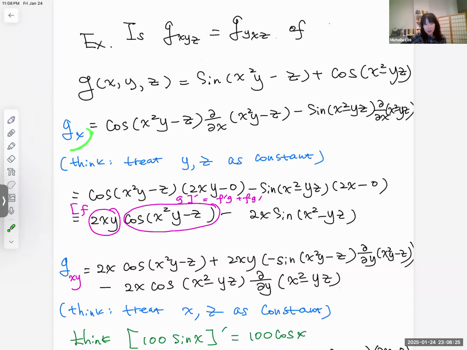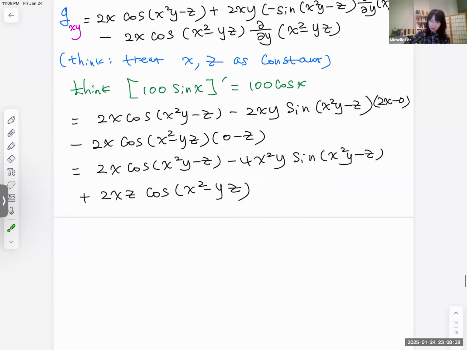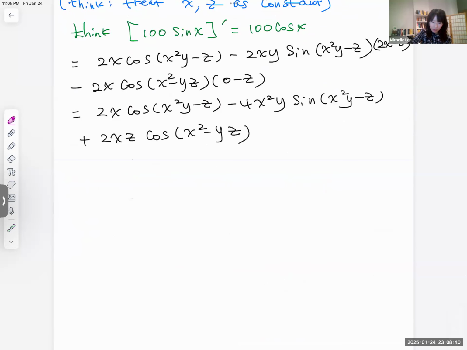So I was using the derivative with respect to x, and then the second derivative with respect to y, right? Now z. So we're looking at x, y, z.